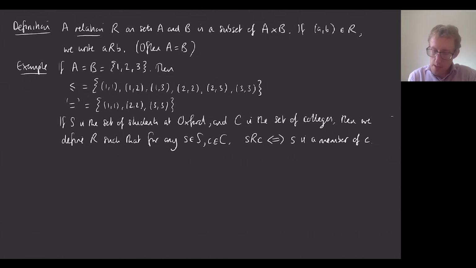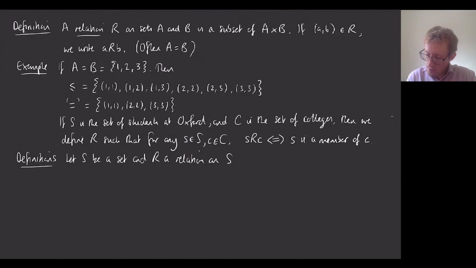Okay, let me define some properties that these relations might have. So I'm going to let S be a set and R a relation on S. So this is going to be a set related to itself.